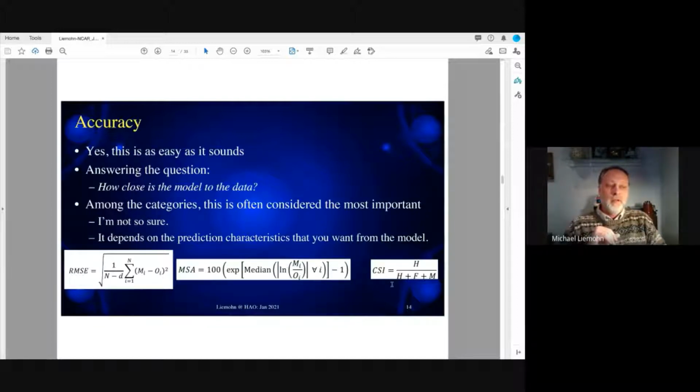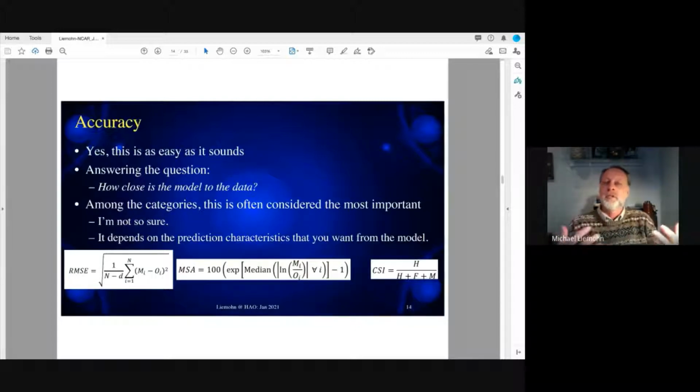In event detection, I like CSI, the Critical Success Index. That's one that puts hits over hits, false alarms, and misses. Proportion correct is its own thing, which includes correct negatives in the numerator and denominator.